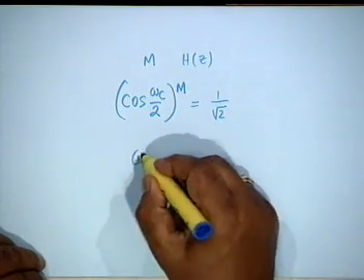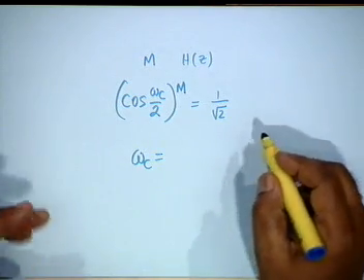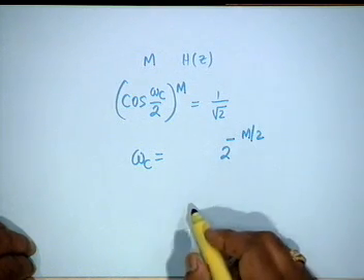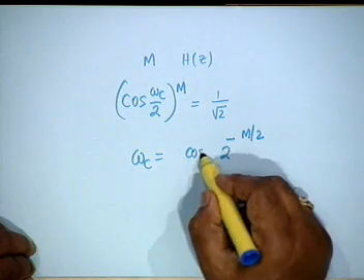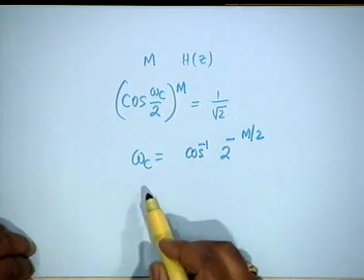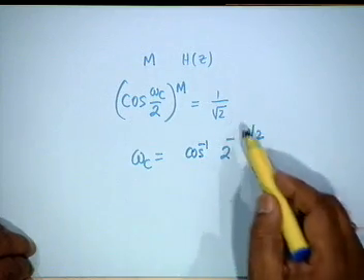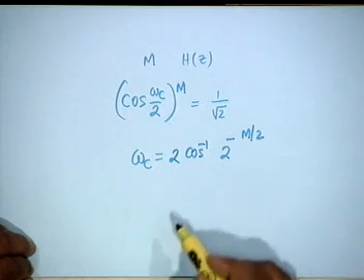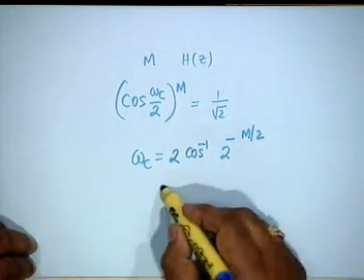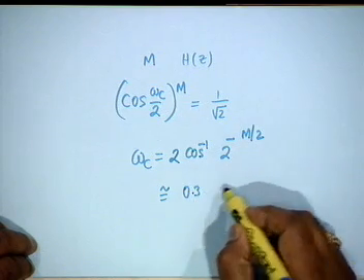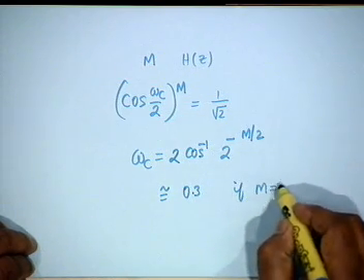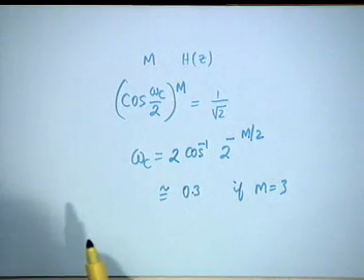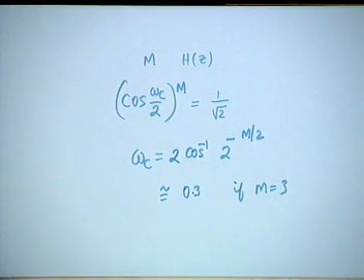So, omega c shall now be equal to 2 to the power minus m by 2, cosine inverse. Do you see what I am doing? Mth root on both sides, 2 to the minus m by 2, then inverse cosine, times 2. This is approximately equal to 0.3 pi if m is equal to 3. 3 such sections. So, the cutoff frequency comes closer, in other words we get a better filter.